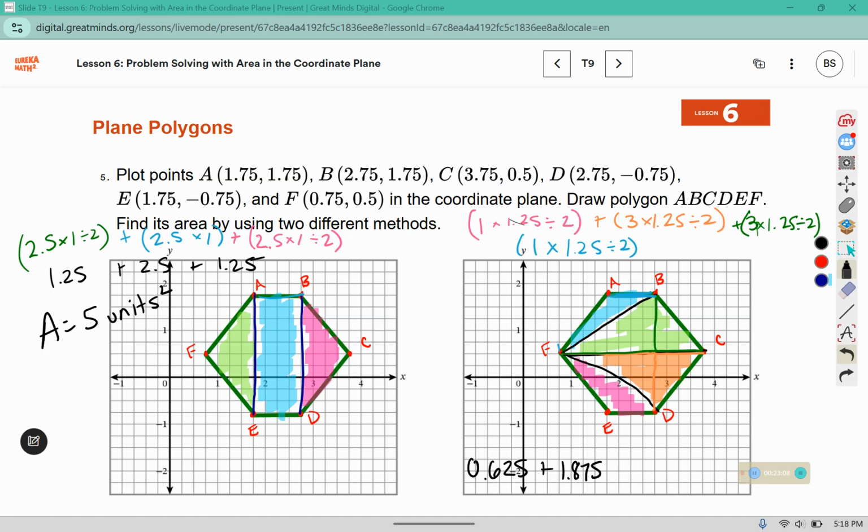The green part is also 1.875. And then the blue part is also 0.625. When we add all those together, we should end up with the same area as before because it's the same shape, but it's just decomposed in a different format.